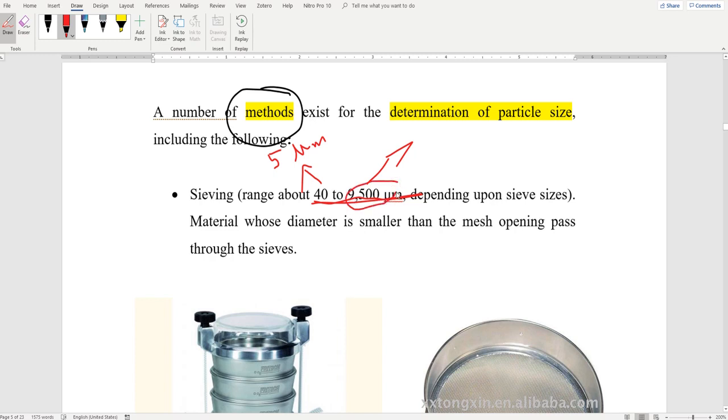This is almost 1 cm. We have sieves that have a 1 inch opening. But in pharmaceutical preparation, mostly we will be using sieves ranging from 40 micrometers to 9,500 micrometers.